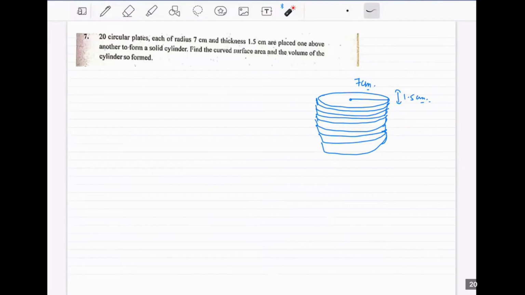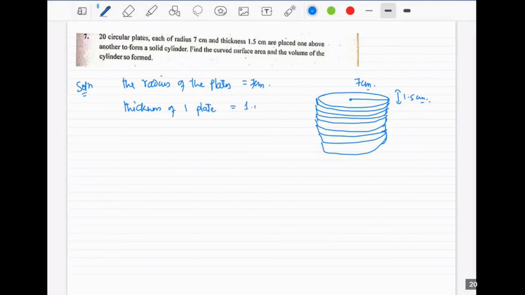Okay, what does the question want? The question wants to find the curved surface area and volume of the cylinder. Now first of all, solution. The radius of the plates, how much is it? It's 7 centimeter. Thickness of one plate, how much? Equal to 1.5 centimeter. We want the thickness of all the 20 plates.